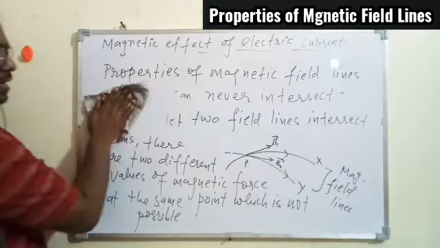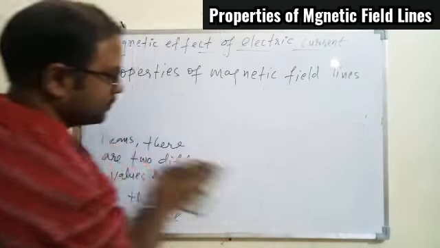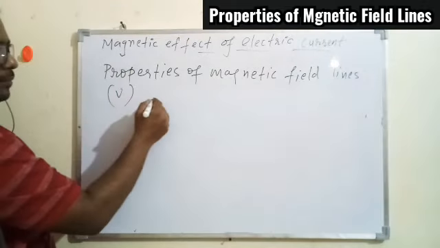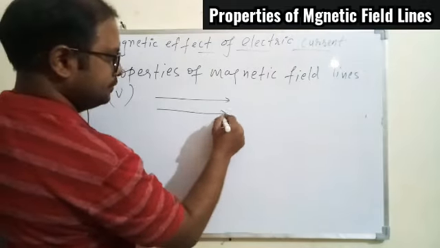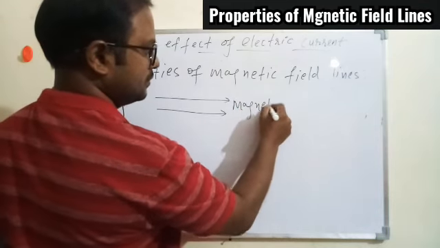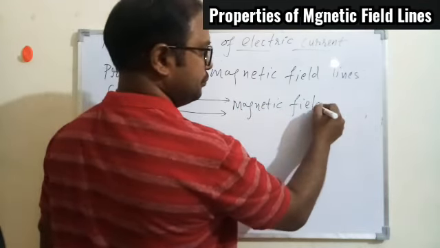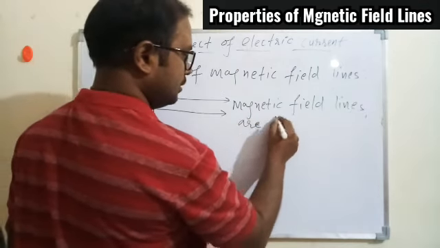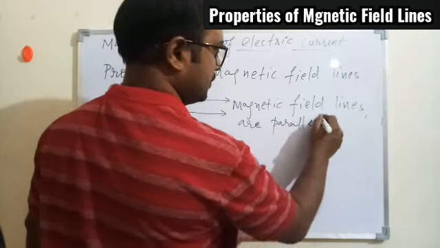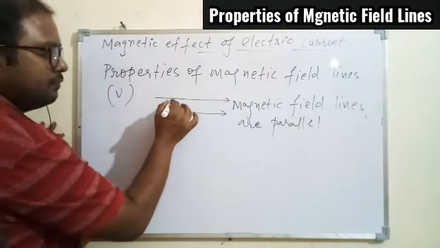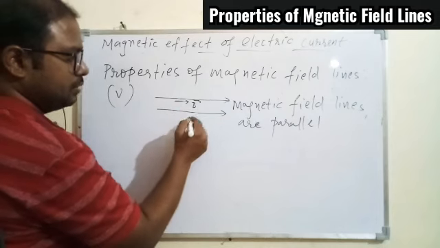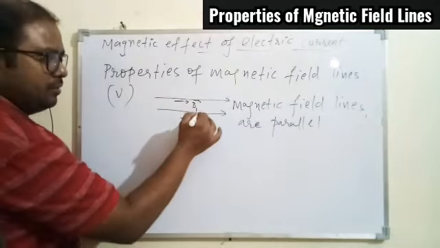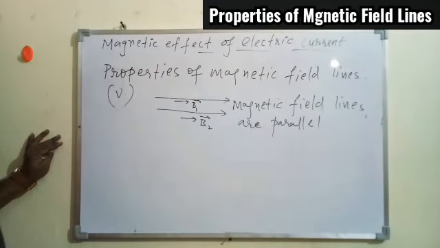These are the main properties we have, but one more you should remember, that is number 5. If the magnetic field lines are parallel, it means that everywhere the magnetic field will face the same direction. So if I say V1, V2, all will be the same because they are parallel.